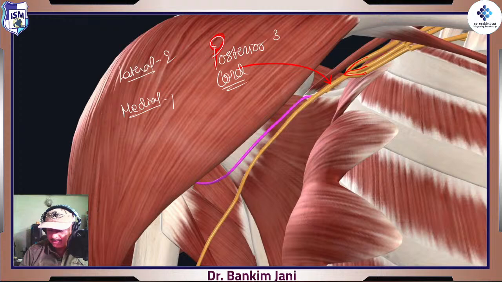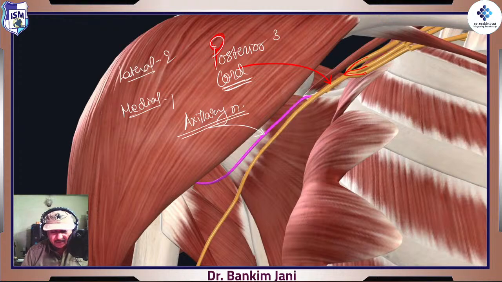And because all these 3 go in the form of the posterior cord, the name itself is telling that it is posterior. That means this entire complex will take the entire complex onto the posterior side. In the posterior side is the beautiful nerve we have been talking about, and that is the axillary nerve.